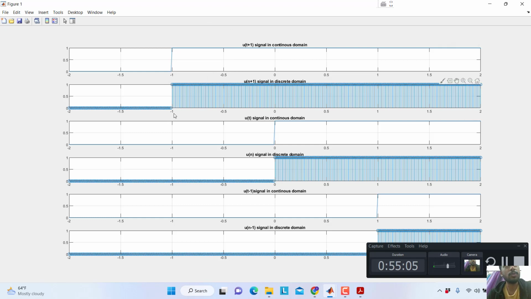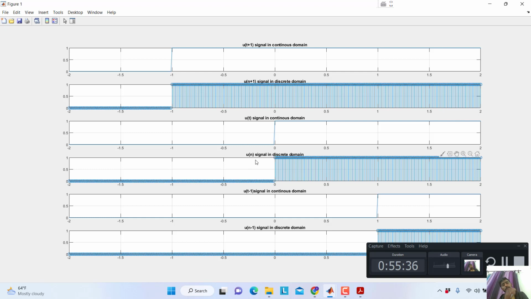Now we plot the discrete domain, where it is 1 from minus 1 to 2 at each 0.01 interval and 0 otherwise. Similarly for u(t), it is 1 for t greater than or equal to 0, otherwise 0.